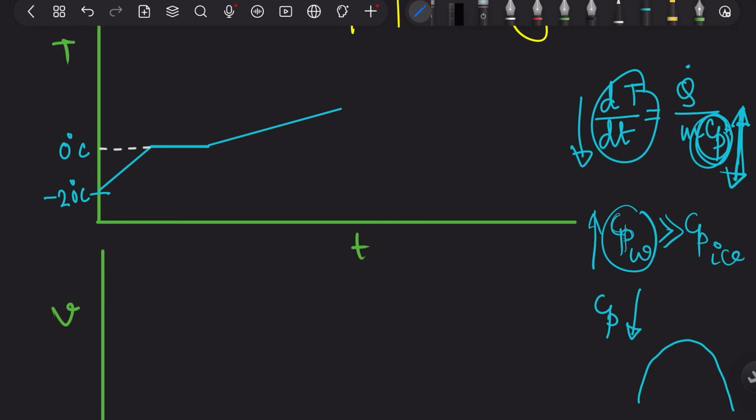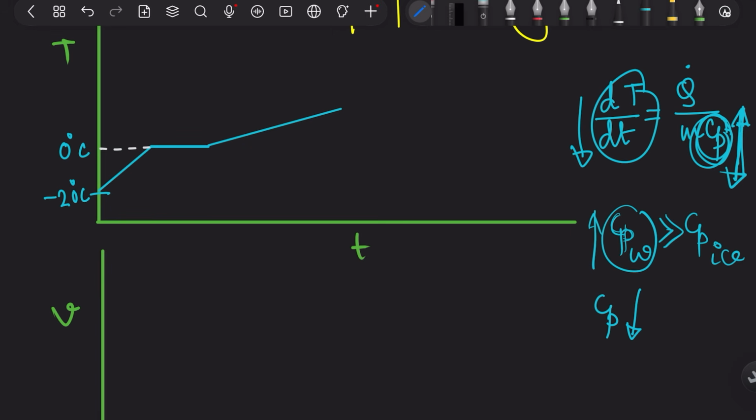I don't always memorize the facts, so let me just check for once. And here, it varies non-linearly with temperature, it is at its minimum and then increases. So I was right the first time.